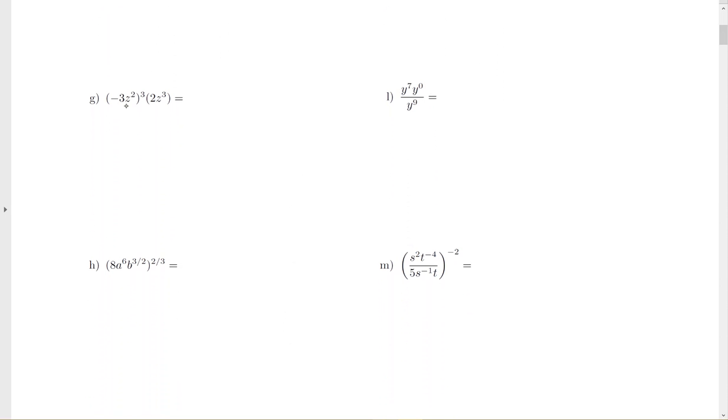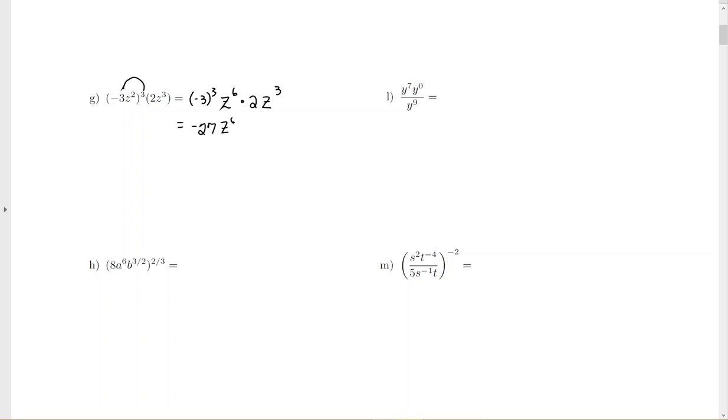For the next one, letter G, I can multiply negative 3 times 2 is negative 6. Whoops, hold up. There is a power attached. I missed that. So the first thing I want to do is figure out what's negative 3 to the 3rd power. So negative 3 times negative 3 times negative 3. Z to the, and again, multiply, times 2, z to the 3rd. 3 to the negative 3 is negative 27.